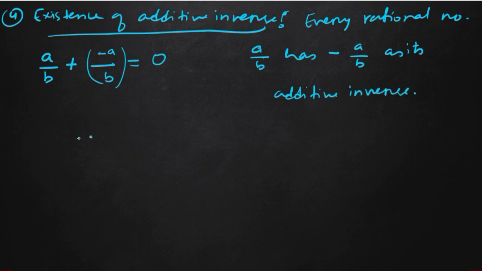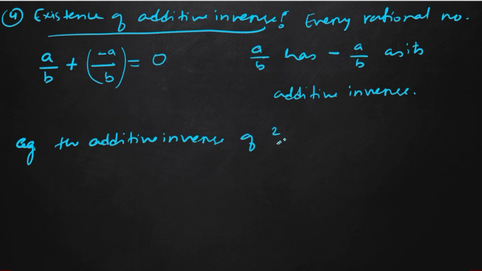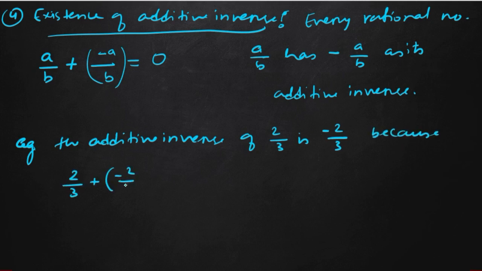Fine, suppose we take one example, 2 by 3. Okay, so the additive inverse of 2 by 3 is obviously minus 2 by 3. Why? You have to write that also, because if we add 2 by 3 with minus 2 by 3, our LCM is same, so this will be 2 plus minus 2, that means 2 minus 2 by 3, so 0 by 3, we are getting 0.